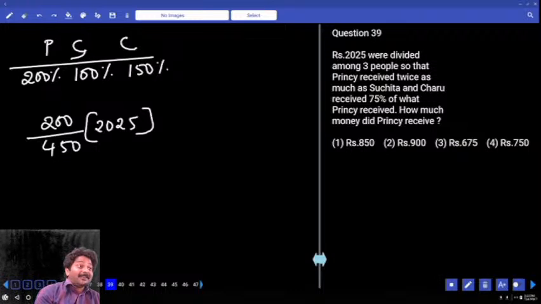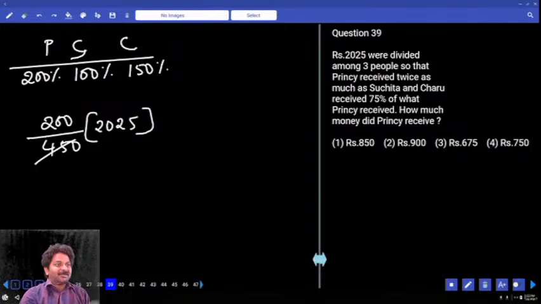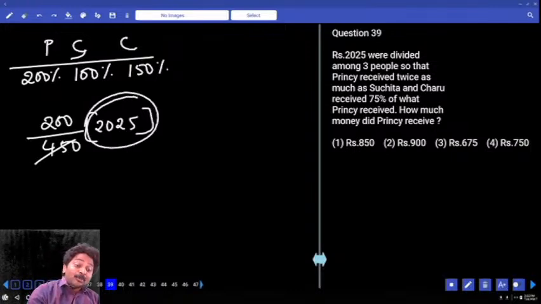No. Why? Since 45 is also a 9 multiple, can we verify it or not? In the numerator we have 9 multiple. In the denominator also we have 9 multiple.